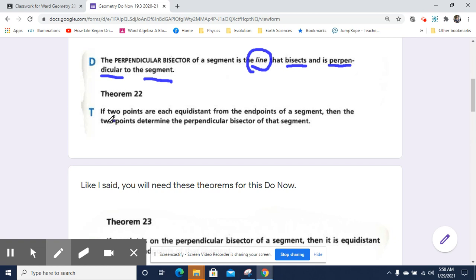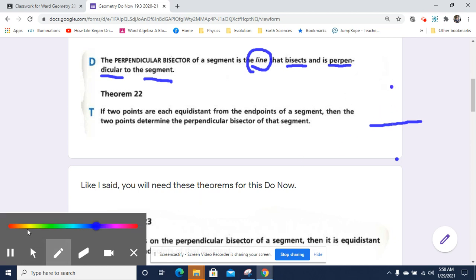Theorem 22: if 2 points are each equidistant from the endpoints of a segment, so that means I have this segment, and these 2 points are equidistant from the endpoints.